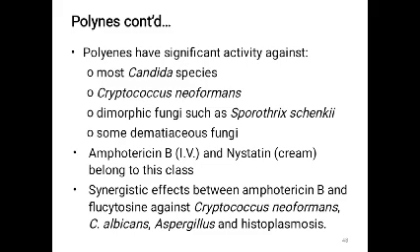Amphotericin B IV and nystatin cream belong to this class. There are synergistic effects between amphotericin B and flucytosine against Cryptococcus neoformans, C. albicans, Aspergillus, and histoplasmosis.